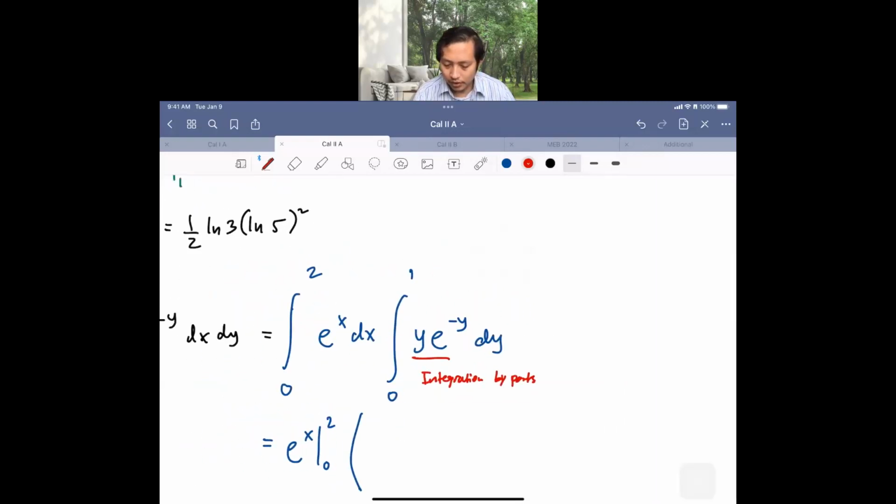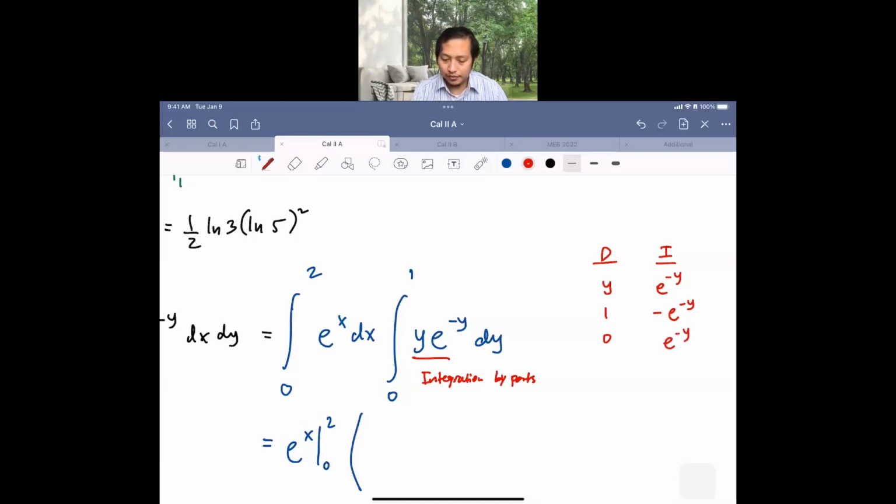We write y and e to the negative y. This is the derivative, this is the integral. Let me write for you: derivative y, 1, 0. Integrate this will be this, and integrate one more will be this.